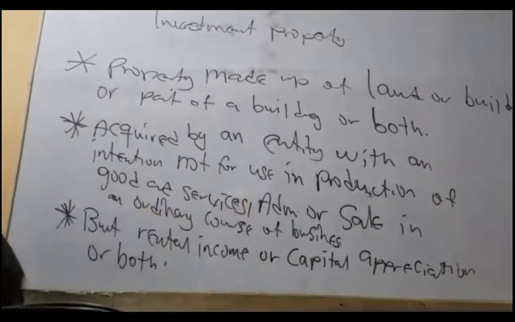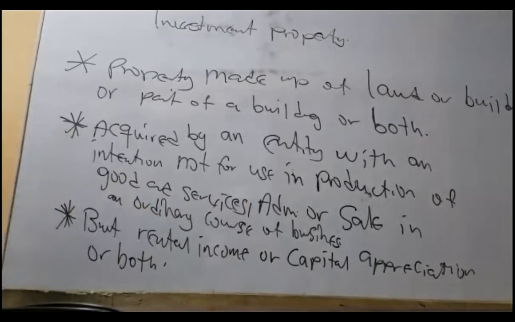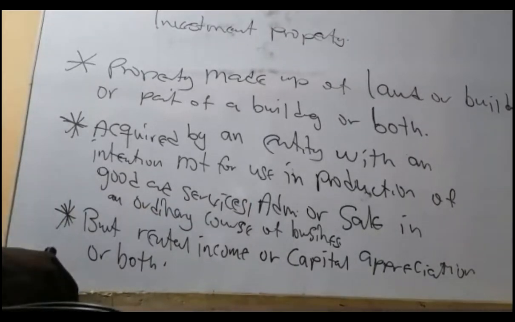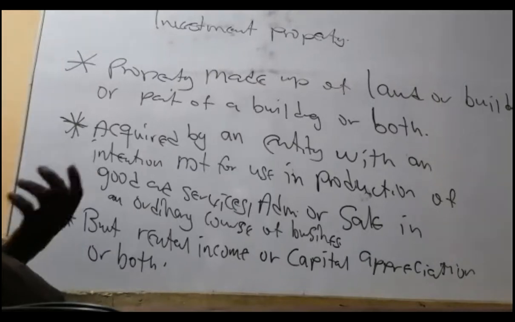Capital appreciation, you wait until the value of the land appreciates and sell it at a higher amount. So assume that you have a single plot at East Legon and the value there is not encouraging. After 5 years, the value will appreciate and then you will sell it for a higher amount. It qualifies to be investment property.